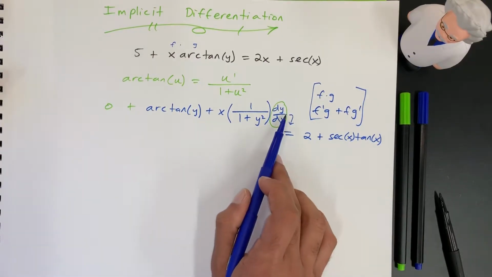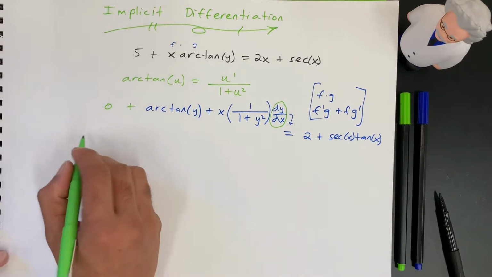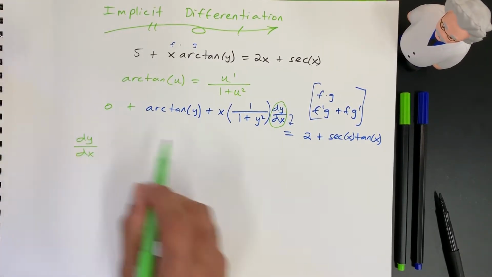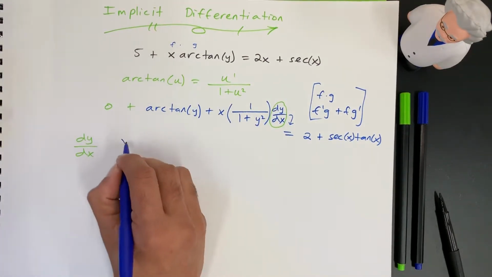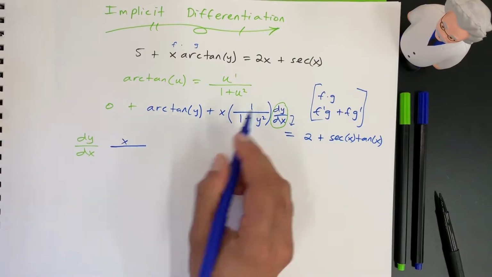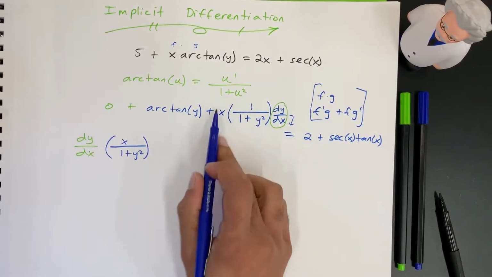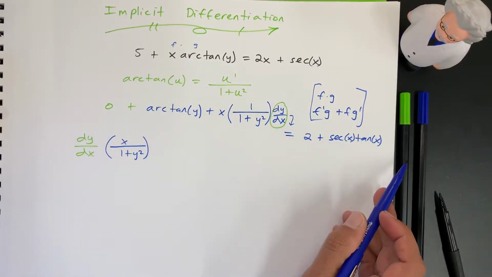Okay, so let's try to isolate the dy dx, and we're going to write it on one side. So dy dx, and this term is attached to all this. So let's write x over, I'm going to slide that up here, 1 plus y squared. Okay, that's this entire term here. And now I want this on the other side of the equation.